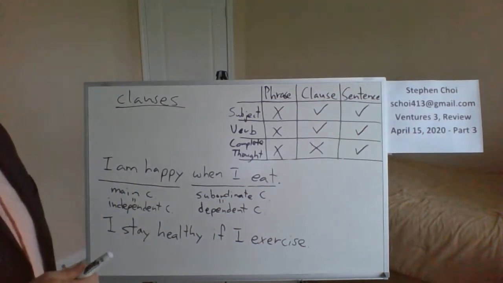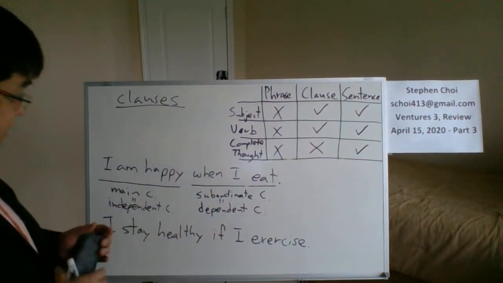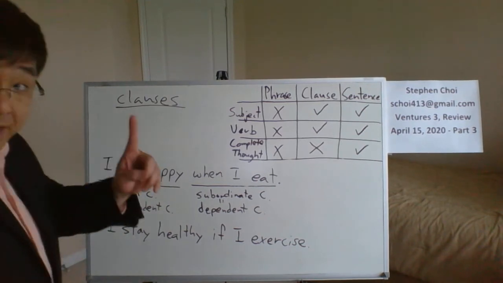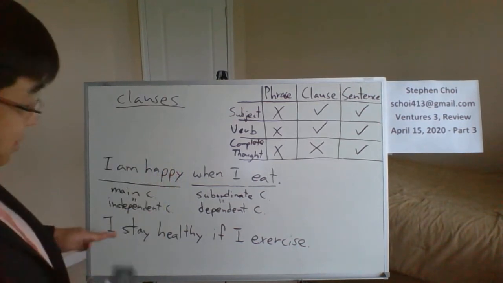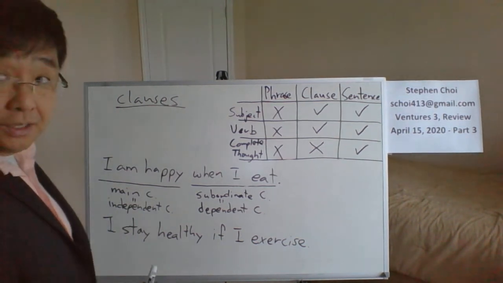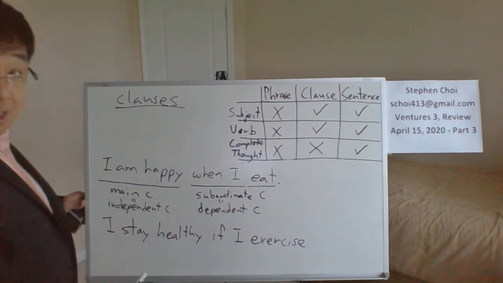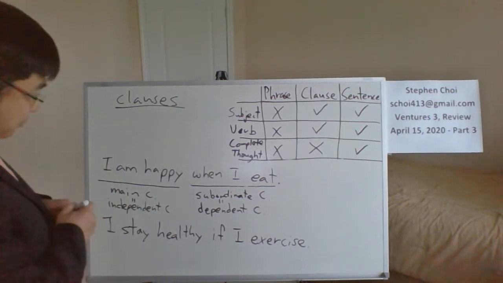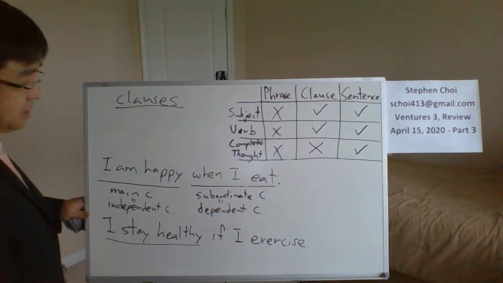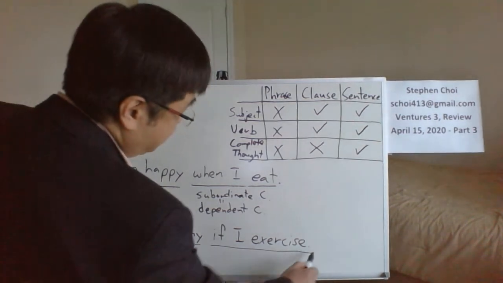Again, how many sentences is this? One or two? One again, right? It's one sentence. Okay? Another complex sentence. And how many clauses do you see? Two. Just like the first one, okay? What's the first clause? "I stay healthy." And the second clause, "if I exercise."